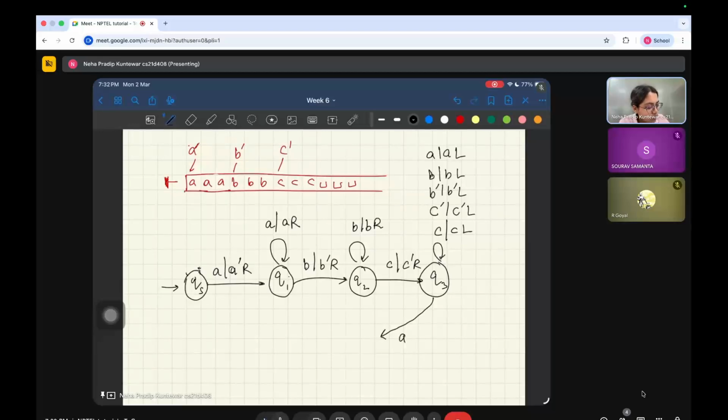And now when you see an A prime, you will write an A prime and go to the right.